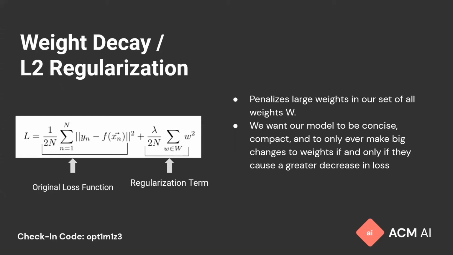For example, with L2 regularization, when we're training, we have our loss function. One term, the term that you've already seen, is your loss function, for example mean squared error for linear regression, or maybe cross entropy for more complicated problems.